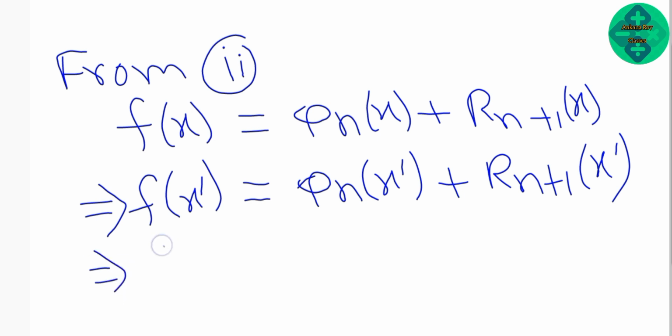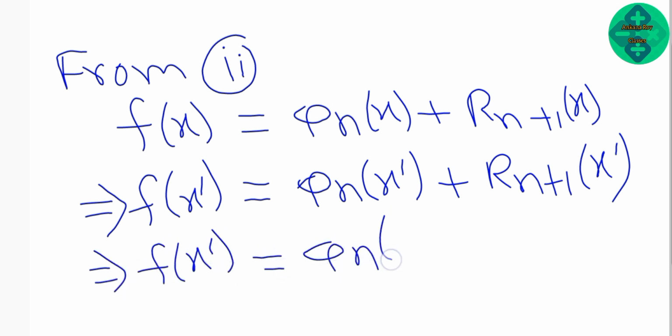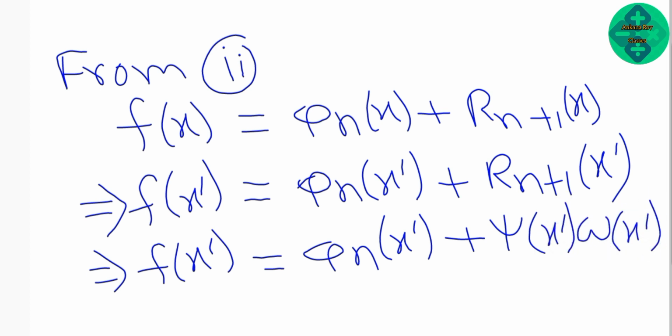We know that R n plus 1 x is equal to psi x into omega x. Therefore, R n plus 1 x dash is equal to psi x dash into omega x dash. This is equation 5.